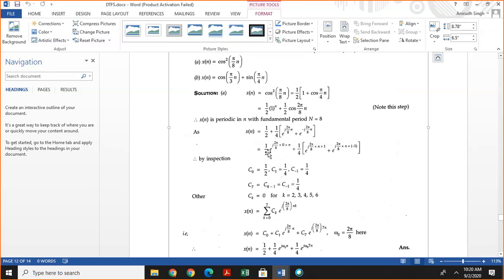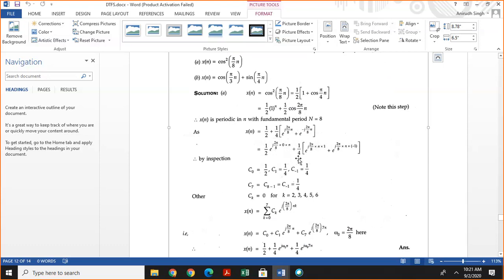It means that this half is the value of the C naught coefficient. Then this is given by 1 by 4 exponential j 2 pi by 8 into n multiplied by 1.